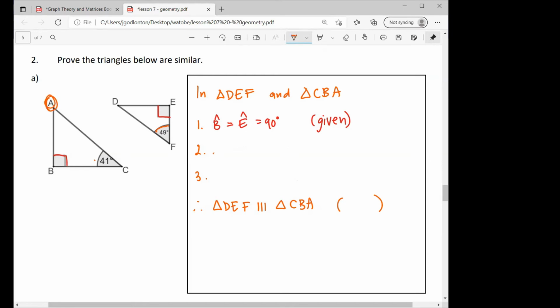Angle A is going to be equal to 180 minus 90 minus 41 because of sum of angles in a triangle, which means angle A is equal to 49 degrees, and that is the same as F. So we have now proven that our second angle is the same. We know this is 49 degrees, and that's 49 degrees.